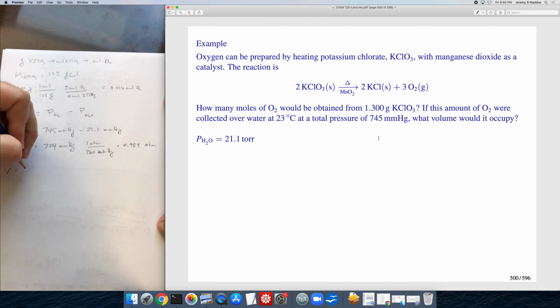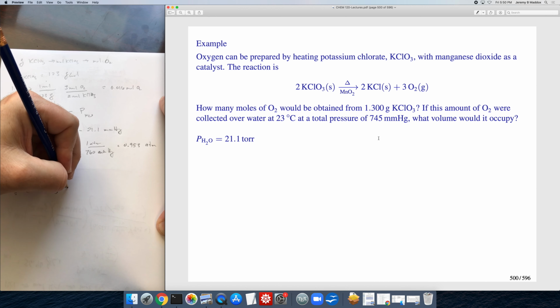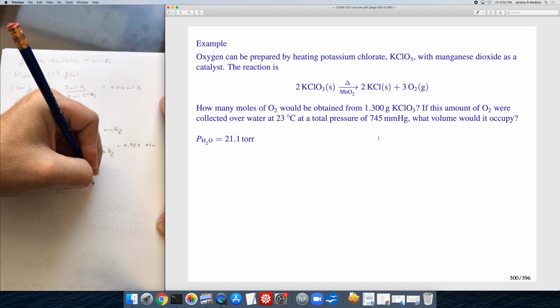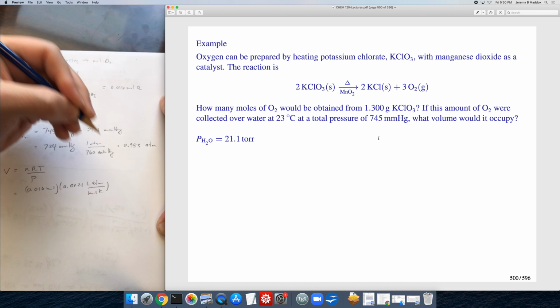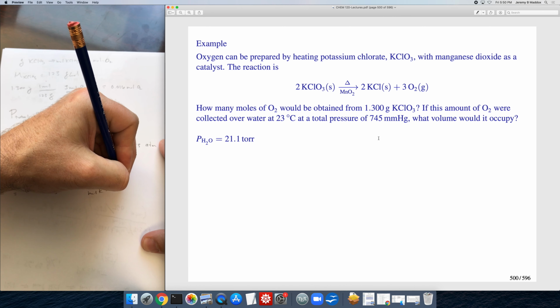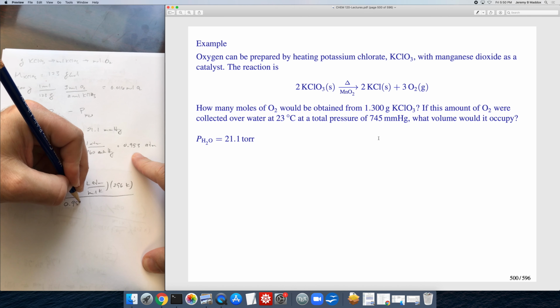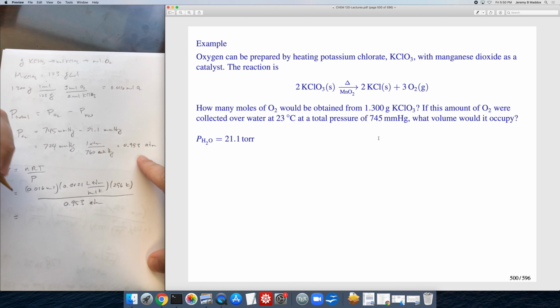The volume will be number of moles times R times T over pressure. So we'll take that 0.016 moles, times the gas constant. The temperature, 23 degrees, convert that to Kelvin, 296 K. Divide that by the pressure in units of atmospheres, 0.953 atm.